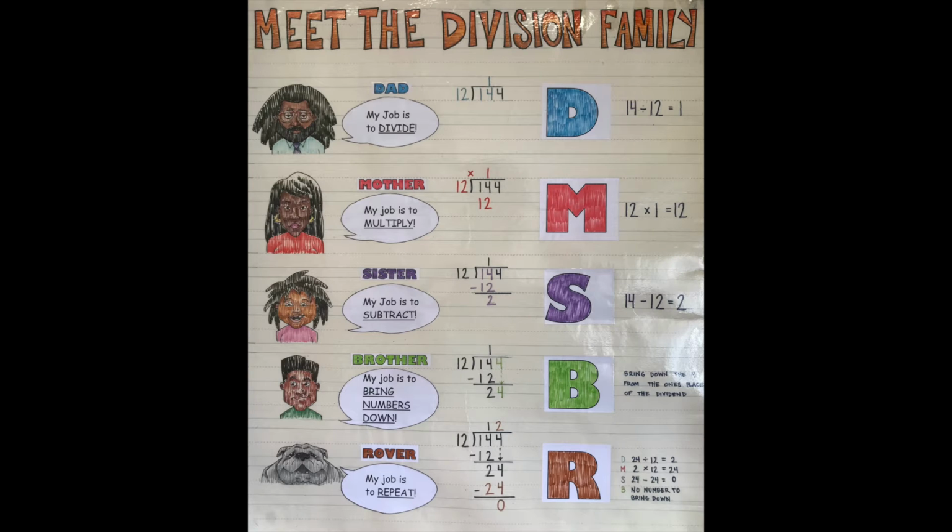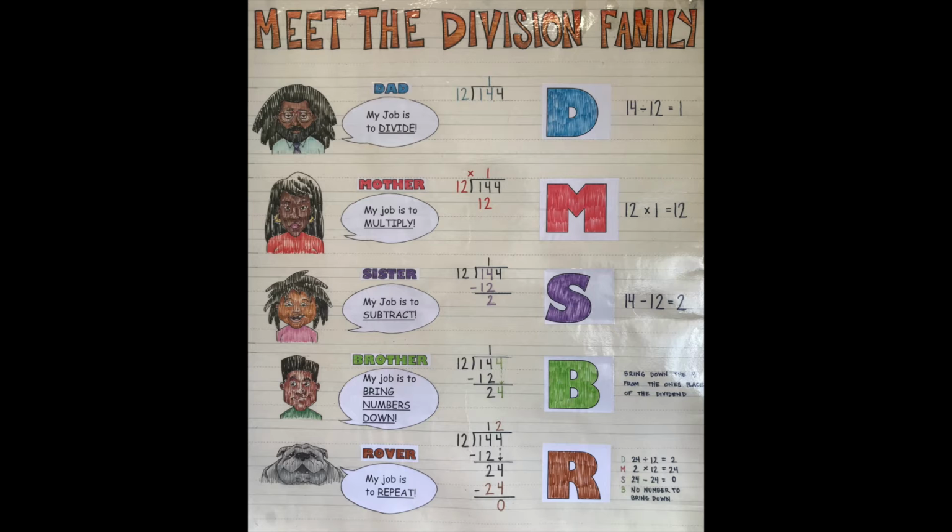This is a mnemonic device designed to help you remember the steps for performing long division. The first letter in the name of each of the division family members corresponds to the first letter in the word that describes the step they perform. The D in dad corresponds to the D in divide. The M in mother or mom corresponds to the M in multiply.